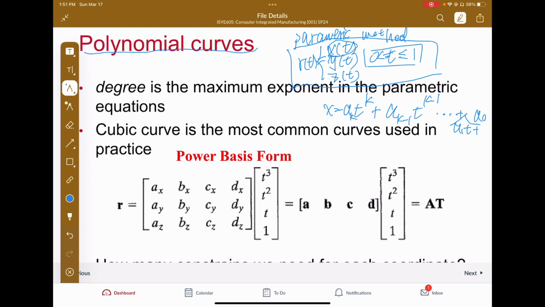So we use a polynomial curve to represent x. Just remember this is a mathematical way to describe the value. The orders go from 0, which means t to the power 0.